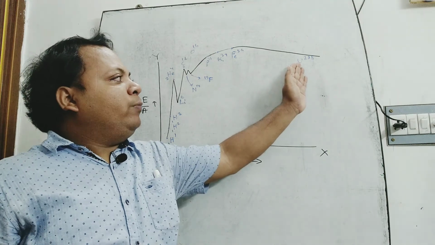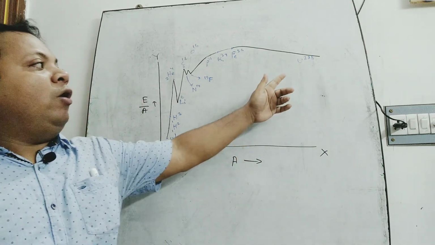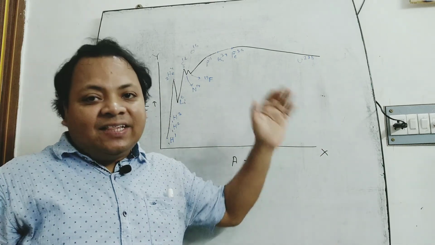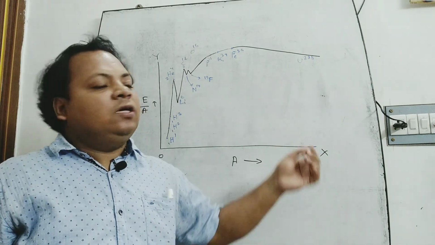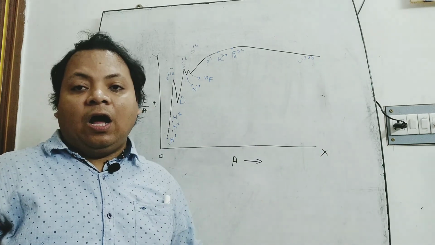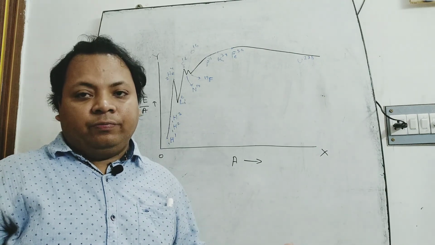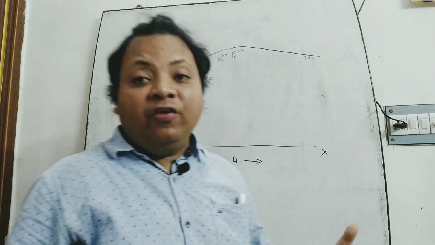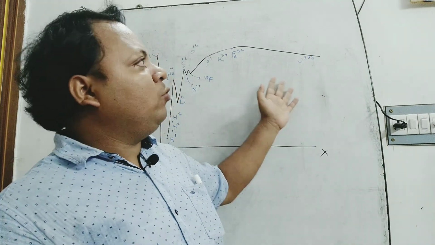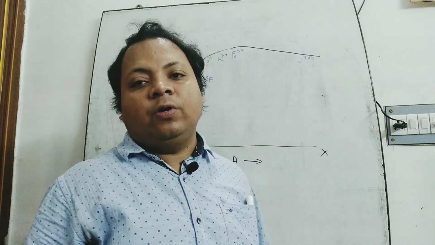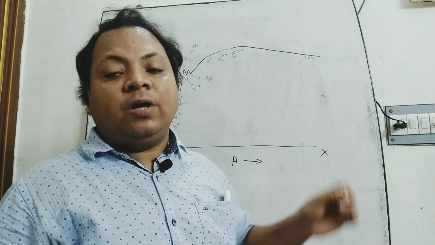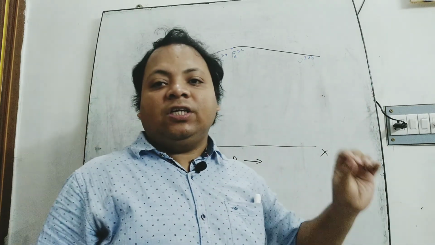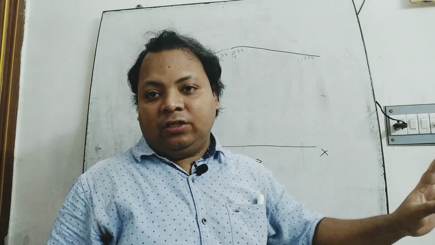Here the binding energy per nucleon of uranium 235 and 238 is less. That's why they are easily breakable. That's why the heavy nuclei like uranium 235 are radioactive elements, and they can participate in nuclear fission.